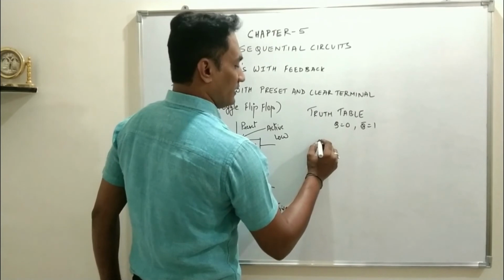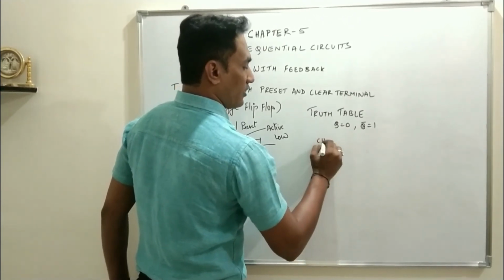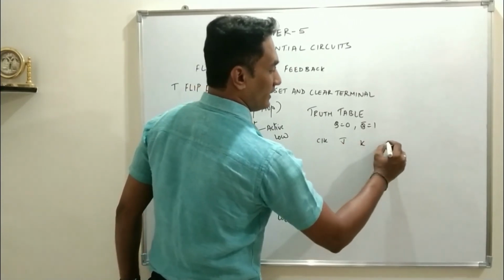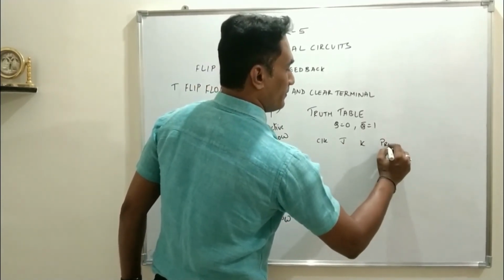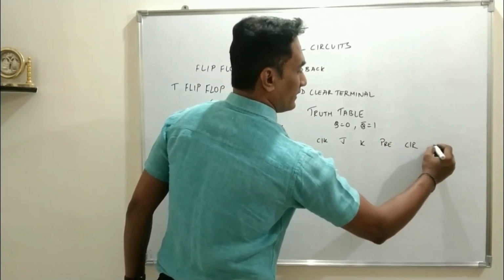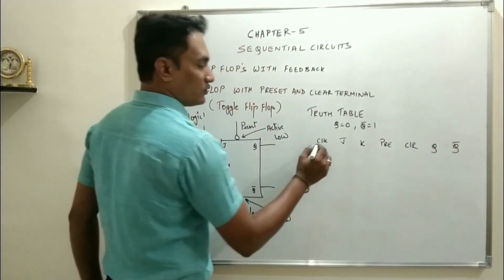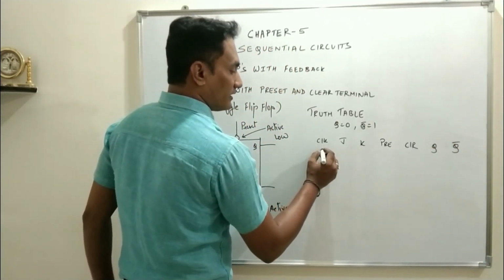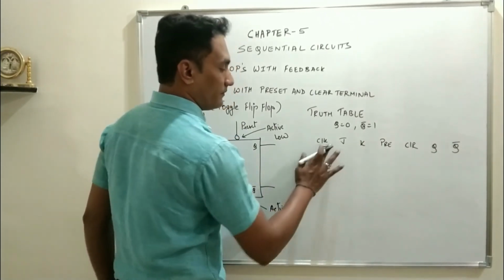Then we have clock, J, K, and then preset and clear, and then you have Q and Q bar. So let's say the clock is 1.